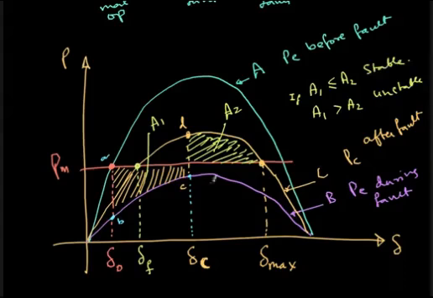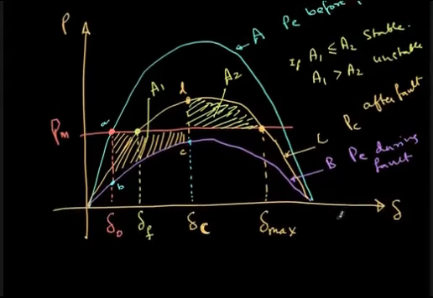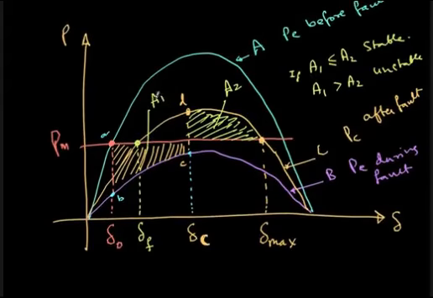So the next job is to calculate the value of delta C, the critical clearing angle at which stability is maintained. A little bit of mathematics needs to be done after understanding this diagram. I want an expression for area 1 and an expression for area 2. Area 1 is pretty straightforward.